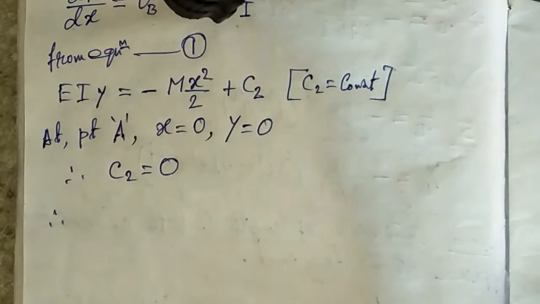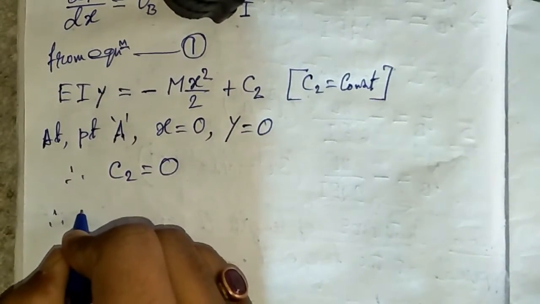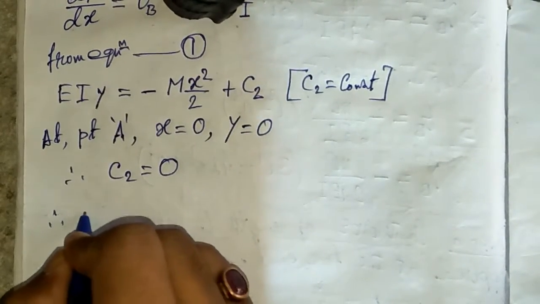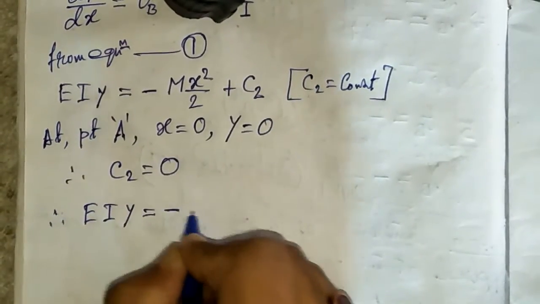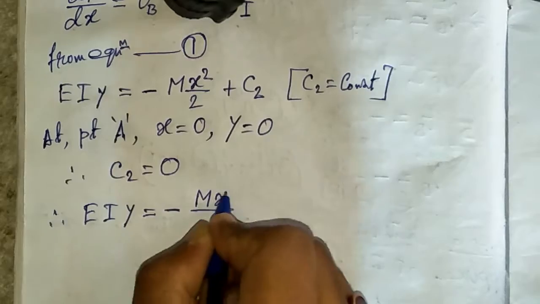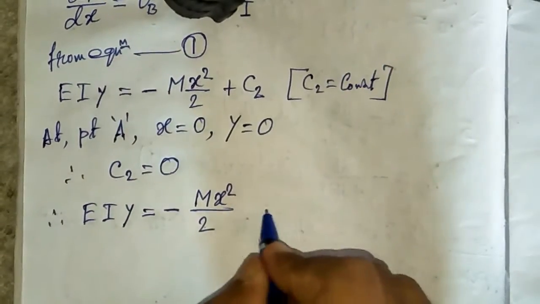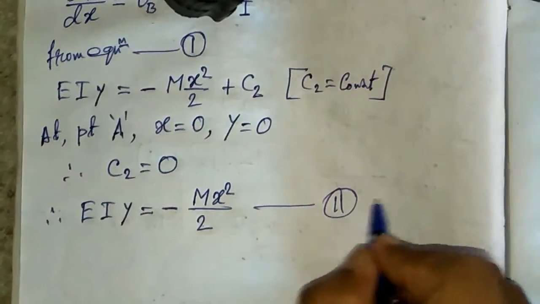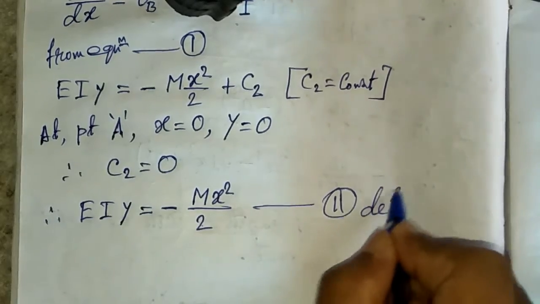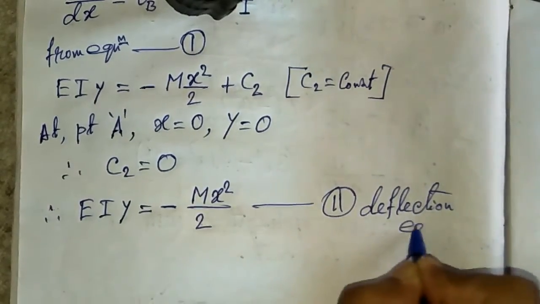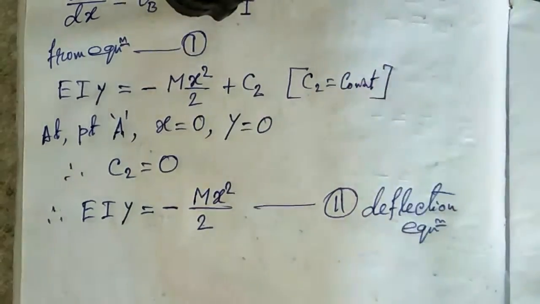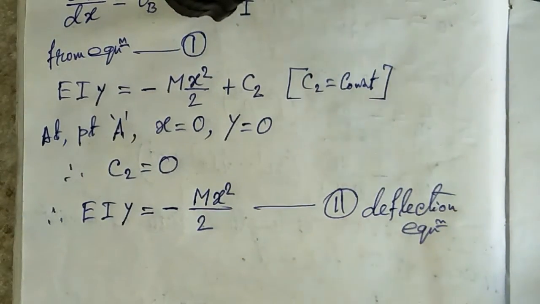So we can write EI into y equals minus M x square by 2. This is equation number 2. This equation is known as the deflection equation.